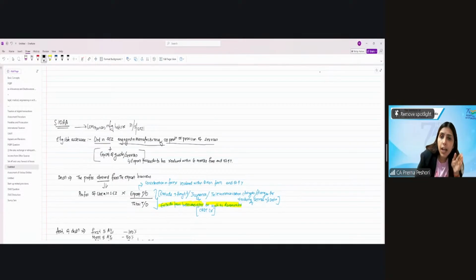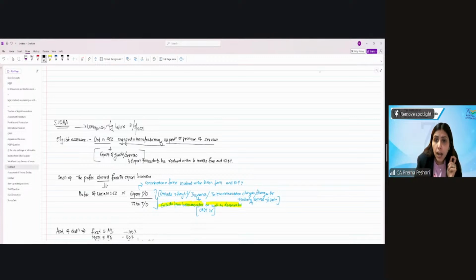So if you have commenced the manufacturing in 2010, for 5 years, 100%, for the next 5 years, 50%, and in the last 5 years, 50%, subject to you transferring the amount to the special reserve account, which has to be used within 3 years for the purpose of acquiring plant and machinery.